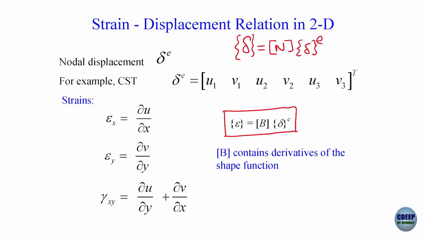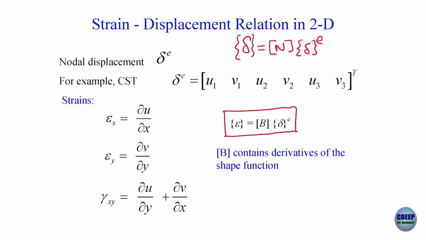Now, how did you get this strain displacement relationship in structural mechanics? Because you assumed small deformations. Epsilon x is simply given as ∂u/∂x. Those of you who have done solid mechanics would be familiar with this.